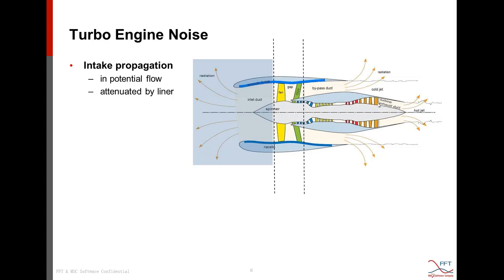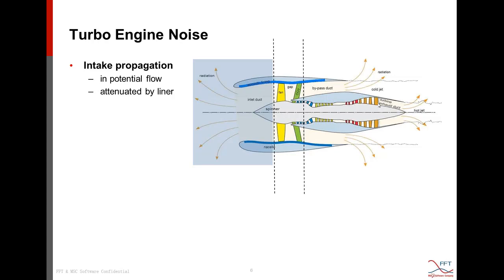The acoustic propagation in the intake part is basically acoustic propagation in a potential flow. So the background flow at the intake is a complex one. However, it is a potential flow, or it is close to a potential flow, meaning there's no rotation term in the flow.